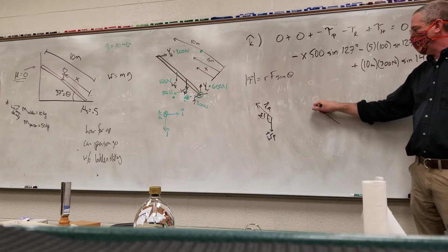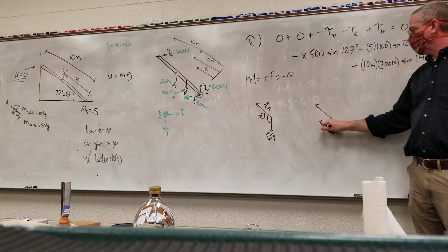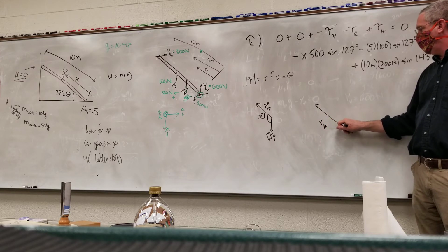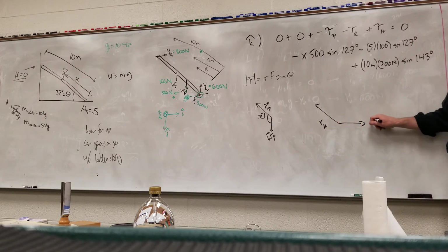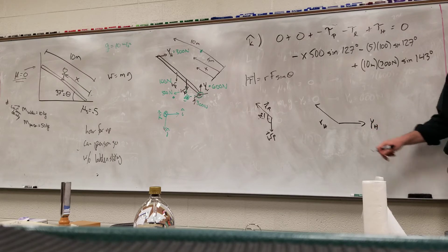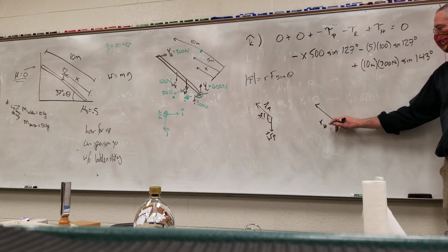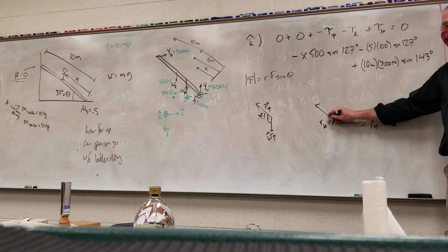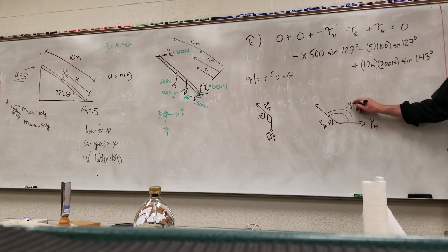Because r, in that case, is in this direction, that's my r sub H. y sub H is off to the right. This angle here is 37 degrees, so that must be 180 minus 37 degrees.